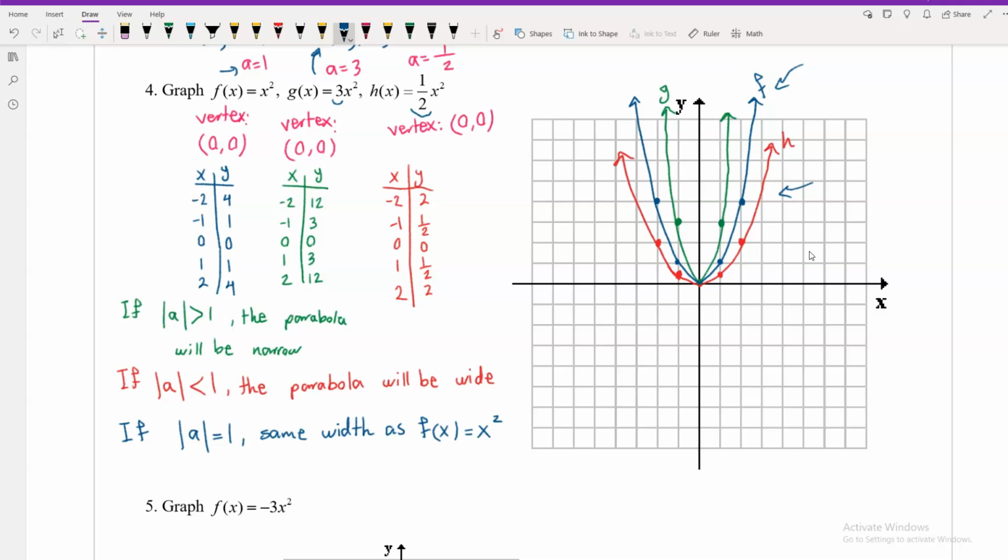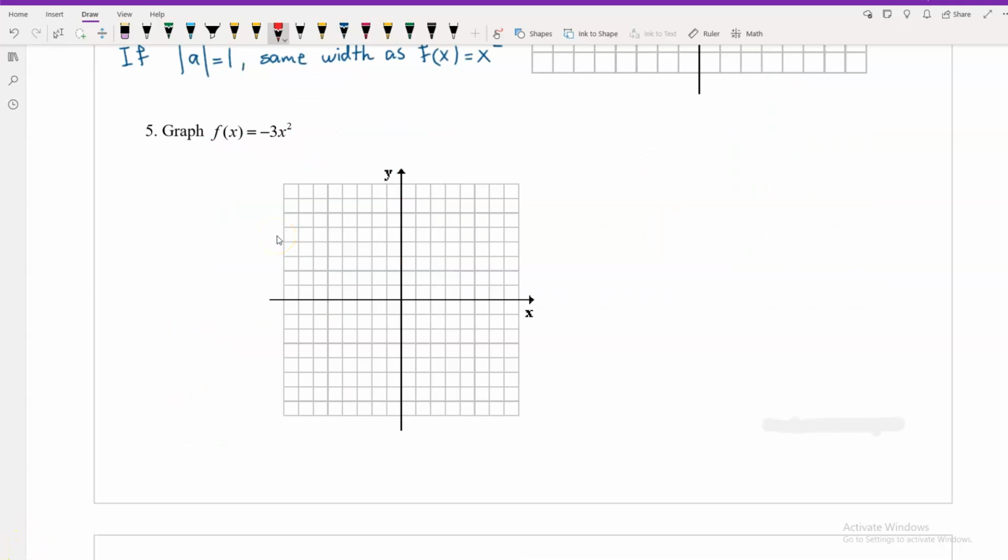Next part, graph f(x) = -3x^2. So here, a is negative. For the vertex, we have -3 times (x - 0)^2 plus 0.